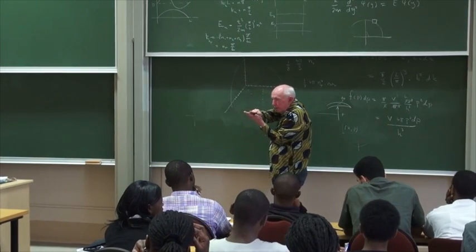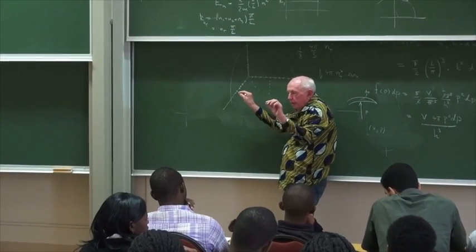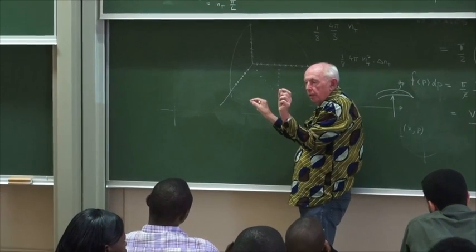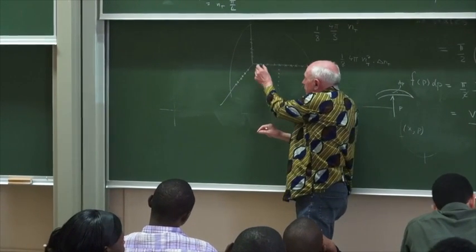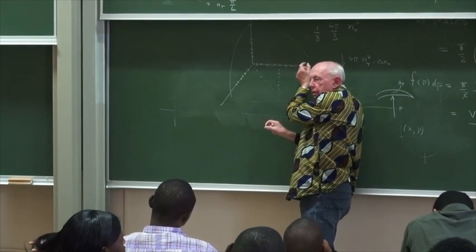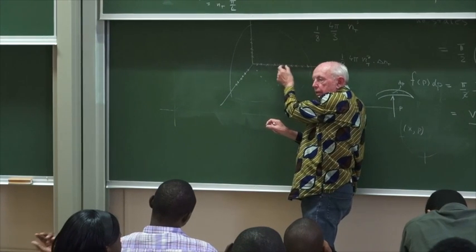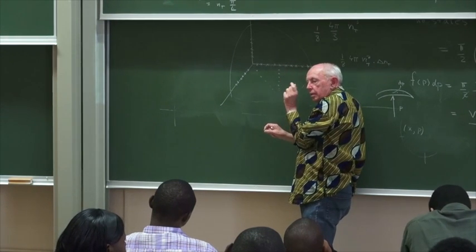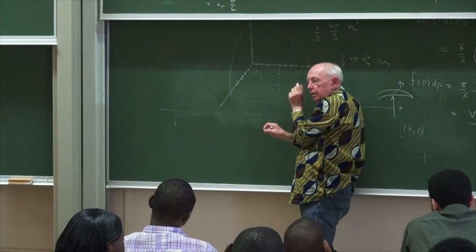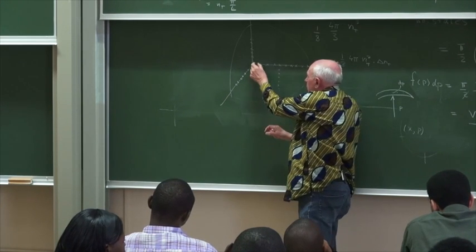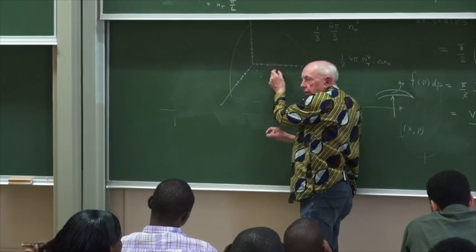Well, if I stay on a one-dimensional line, then I just have a state in each little box. Okay? So there's one here, there's one there, there's one there, there's one there.